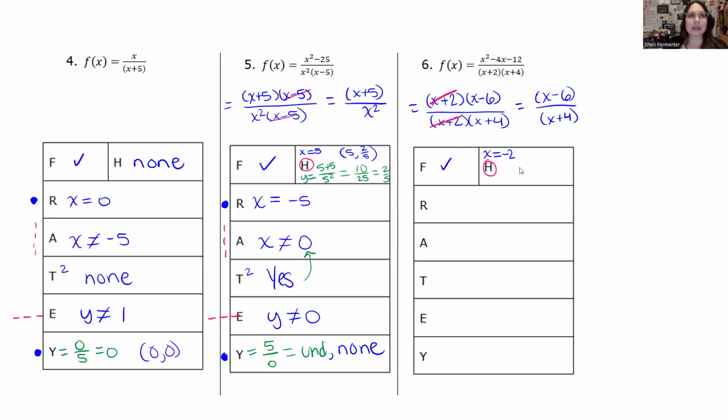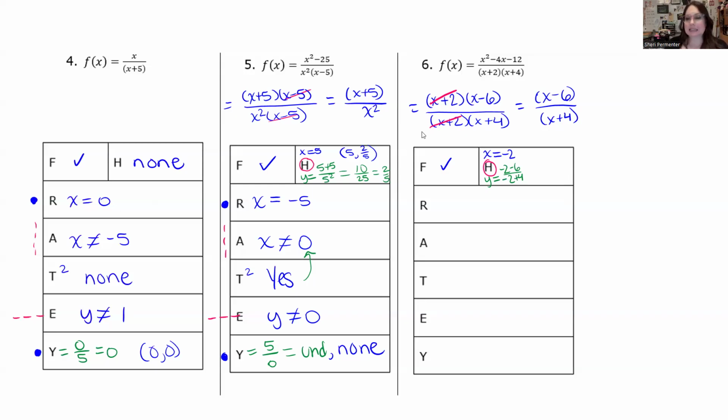I'm going to plug in negative 2 to my reduced form to figure out the y part. So y is equal to, in the numerator, I'm going to have -2 minus 6, and then -2 plus 4.